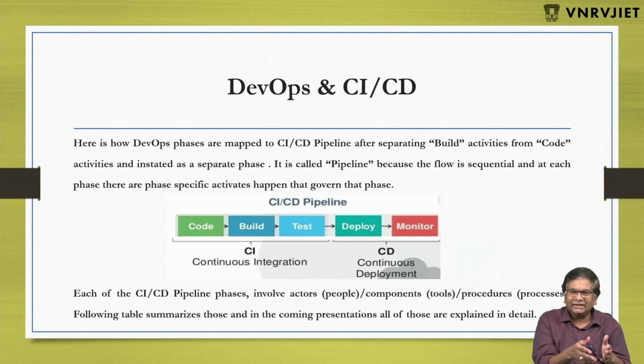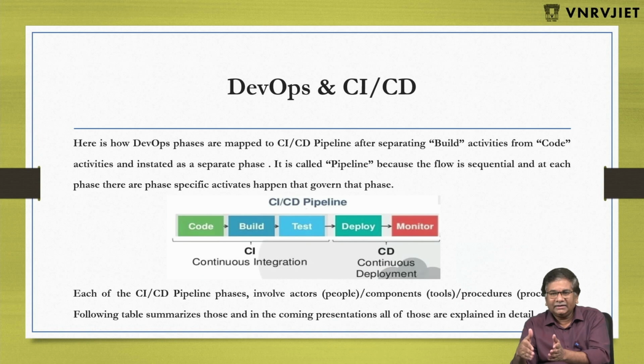Then it becomes continuous delivery. But once it is deployed into production and is being monitored, it comes under the CD part, continuous deployment. When there is no automatic deployment, CI/CD means continuous integration and continuous delivery. When there is automatic deployment, it is called continuous integration and continuous deployment, right?